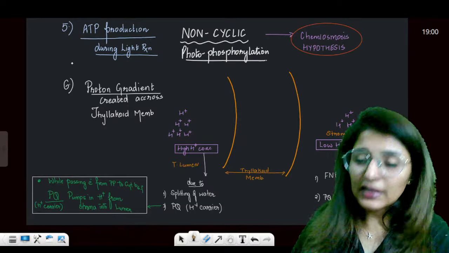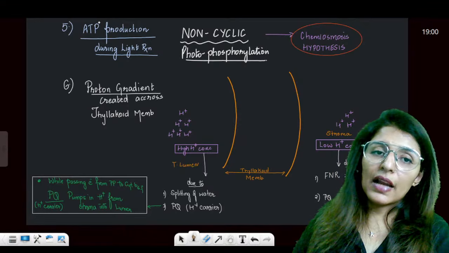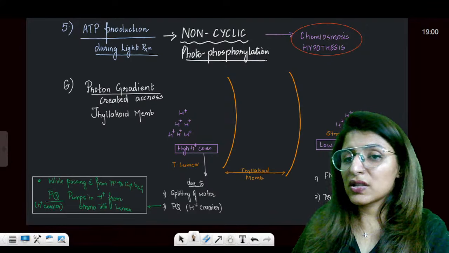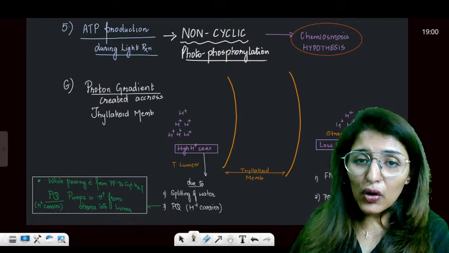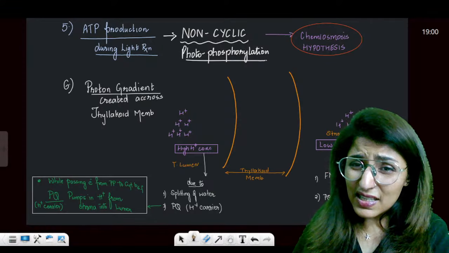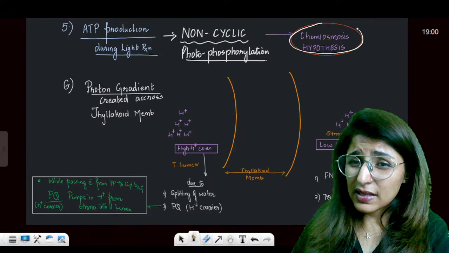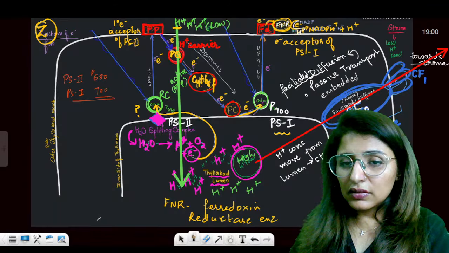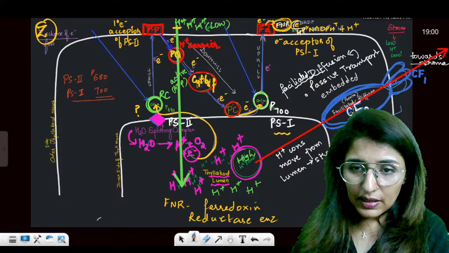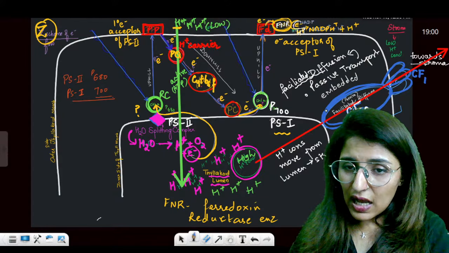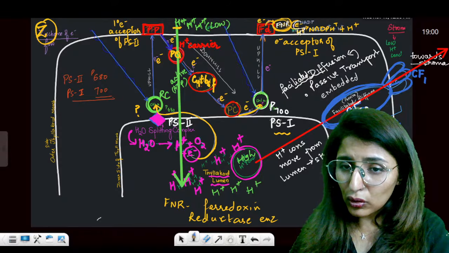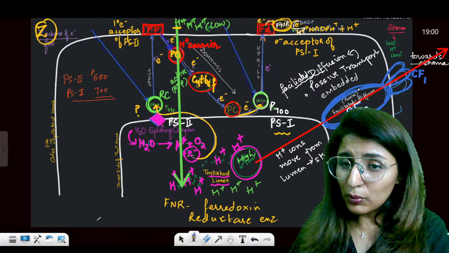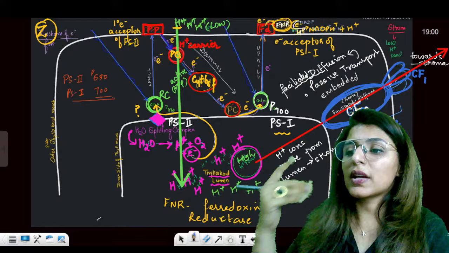So another thing that happened during this light reaction is ATP production. We have seen non-cyclic photophosphorylation already, and this is known as the chemiosmosis hypothesis actually. So when H positive ions are flowing through CF1 from lumen to stroma, this is known as chemiosmosis.